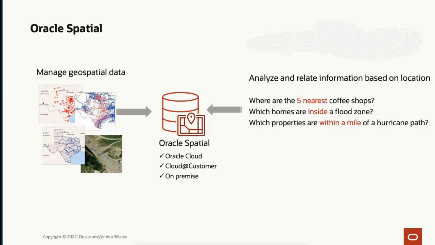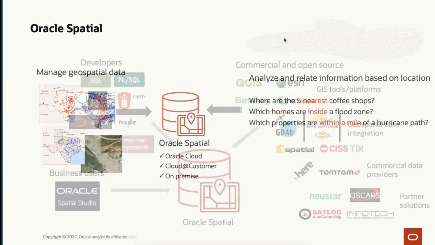What are the proximity relationships between assets or properties that I'm responsible for and a predicted hurricane path? All these sorts of location and proximity related questions are answered as easily as other traditional queries that you would typically be performing in Oracle Database.